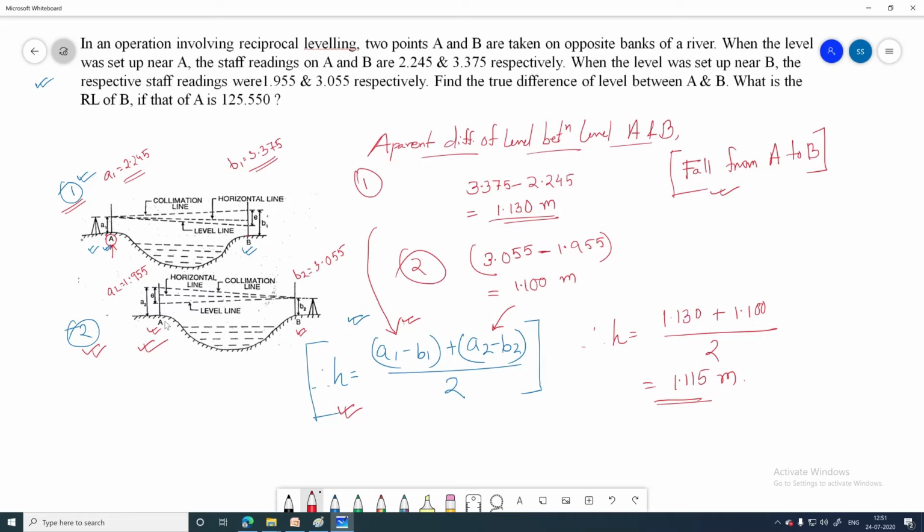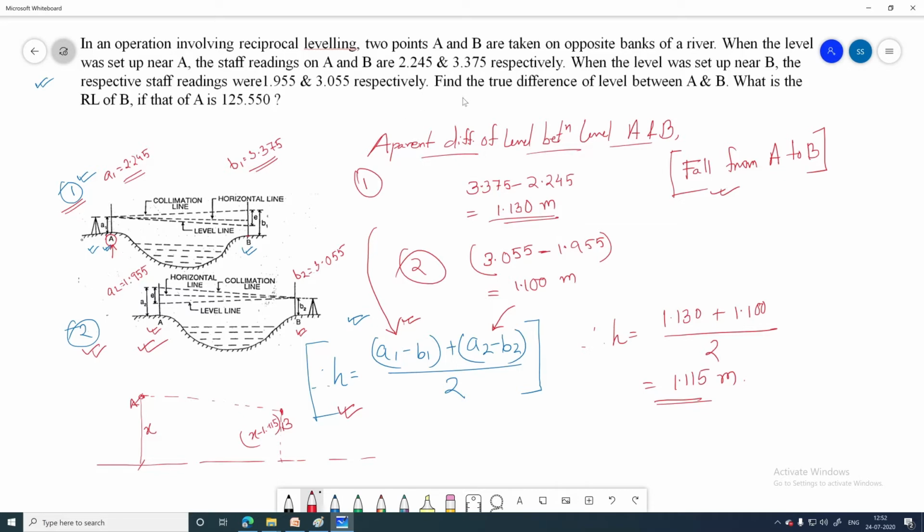Suppose we write it like this: this is point A and this is point B, and suppose this is the datum line. A has some RL value, suppose X. So what will be the value of B? It will be X minus the value that we got, that is 1.115.